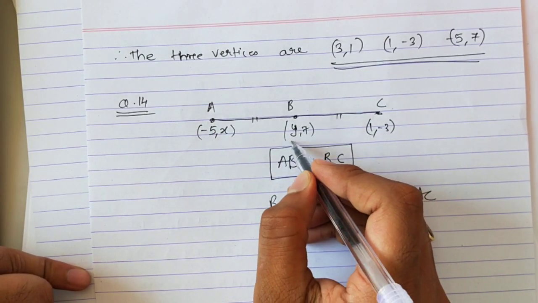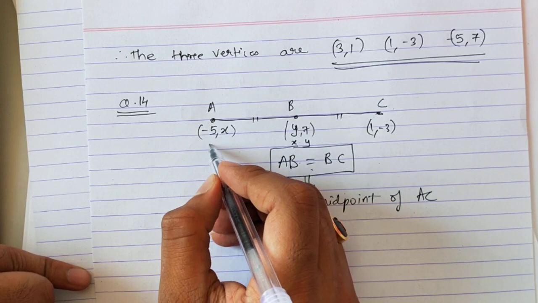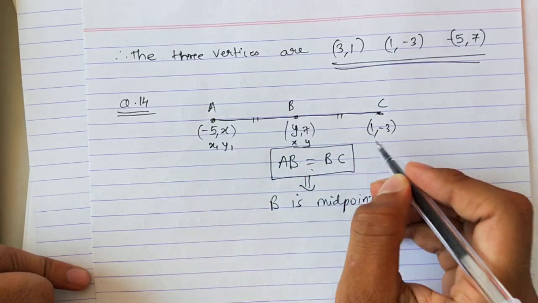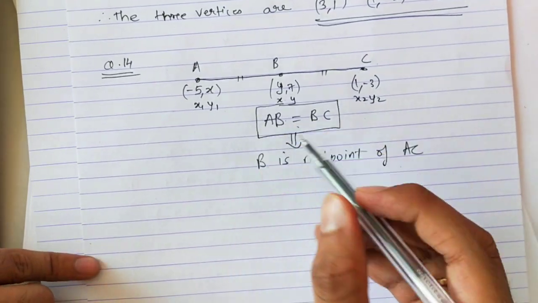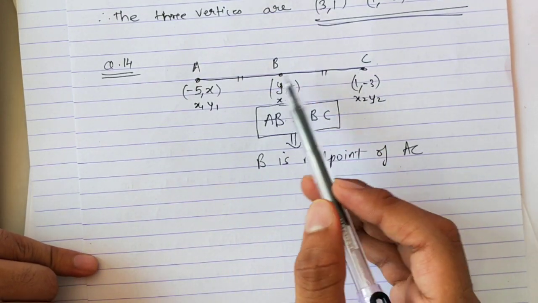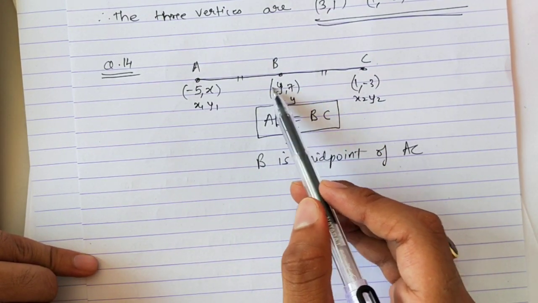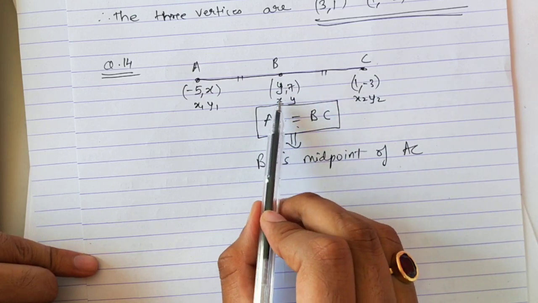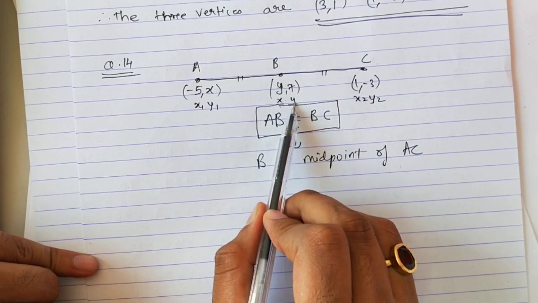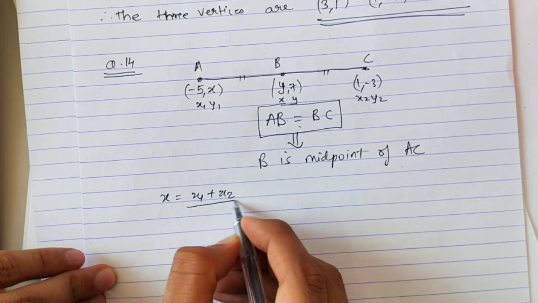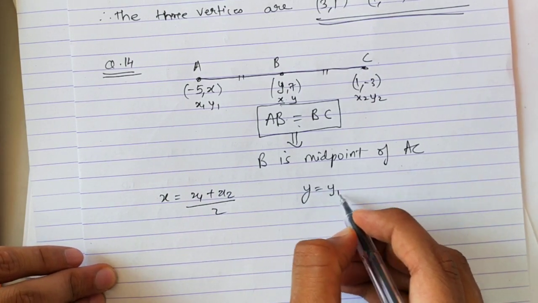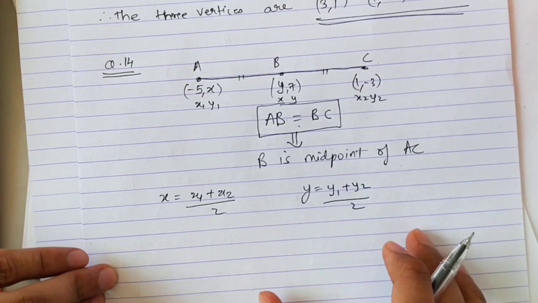So I'll label these as X1, Y1, X2, Y2. Okay, don't get confused. They have written Y here. Doesn't matter. Any number, any variable doesn't matter. We always take first number as X and second as Y. Okay. So now let's use the formula. Formula is very easy of midpoint.